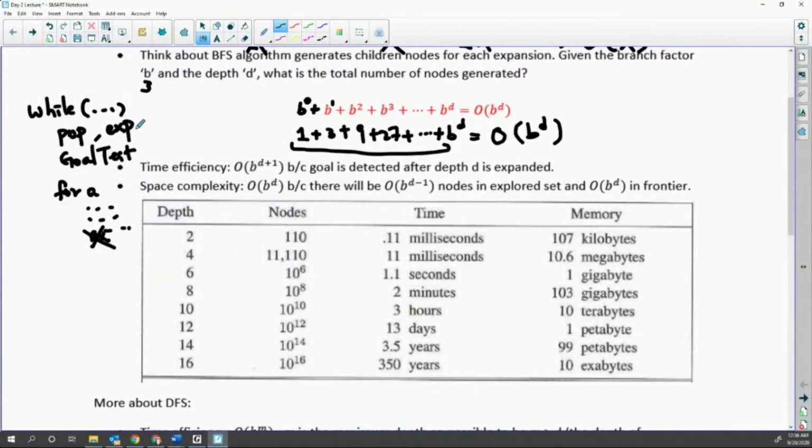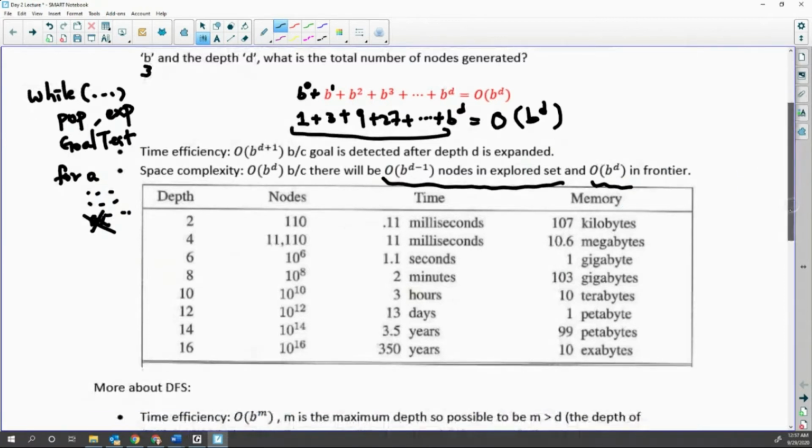If you add to the explored after you pop it, that means your explored will have one less, because you are going to expand the children later, so it's not in the explored yet. So in that case, frontier will be Big O of b to the d, and explored will be Big O of b to the d minus 1 power.